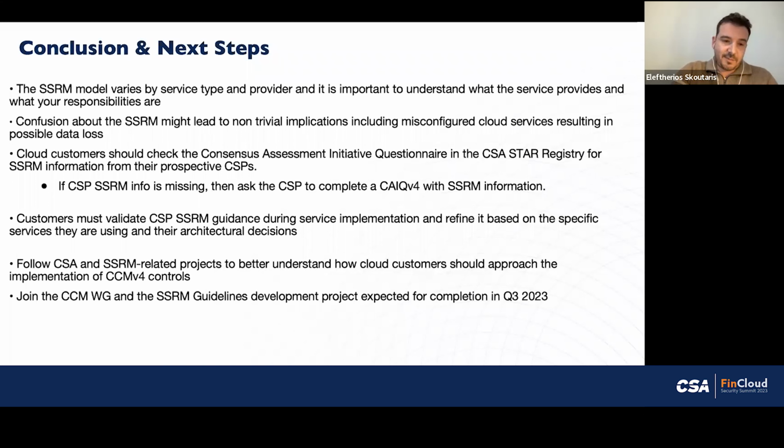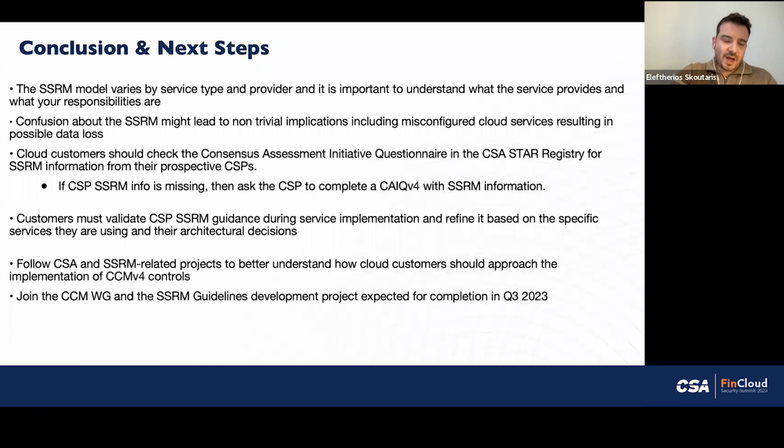The decision came after consulting our community network of partners and members, and based on the feedback we received, it was made apparent that there is a lot of confusion among customers on who's responsible for what security functions in the cloud. That is the case as a general statistical trend, but it is also the case when it comes to the actual controls in the CCM and how the cloud customer should approach the implementation responsibility for the specific system controls in the standard, right?